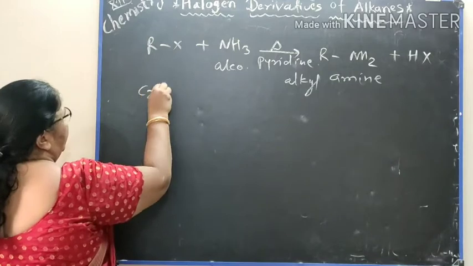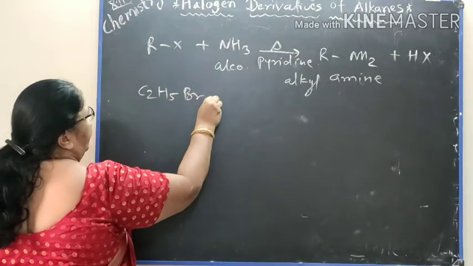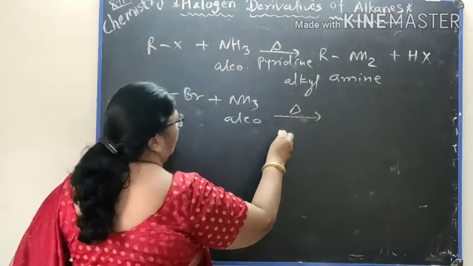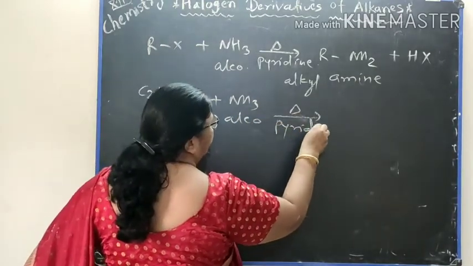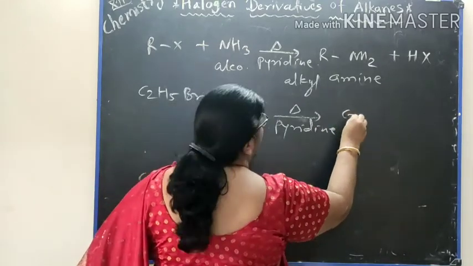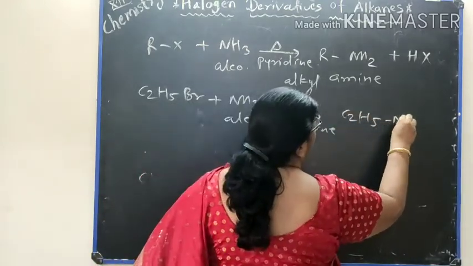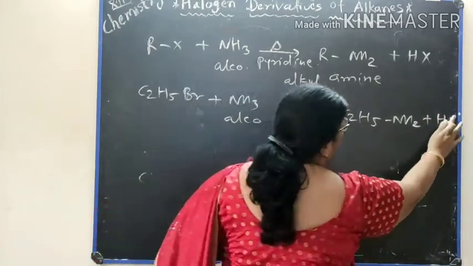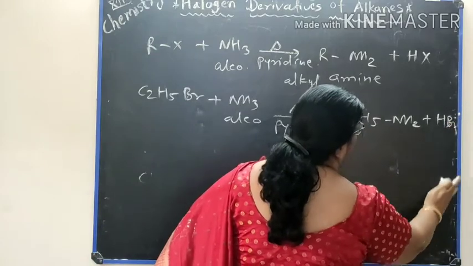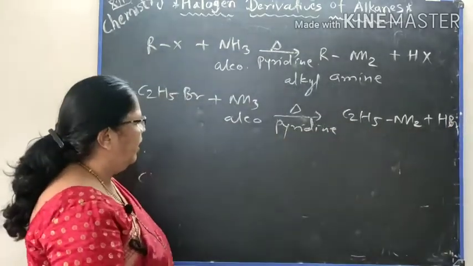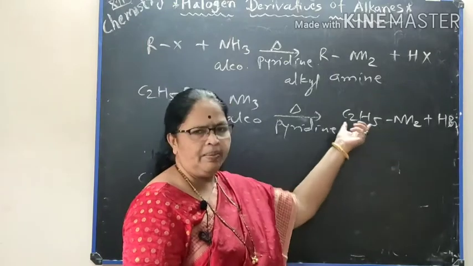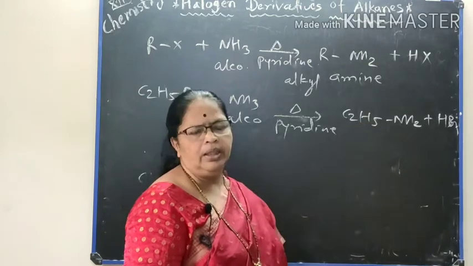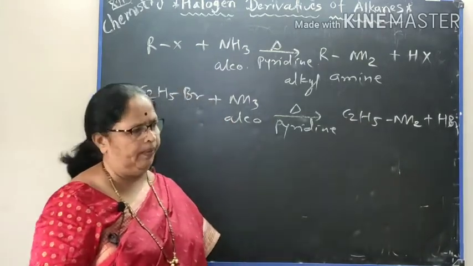Example, suppose ethyl bromide is treated with alcoholic ammonia in presence of pyridine. After heating, it gives C2H5NH2 plus HX, that means HBr, hydrogen bromide. This is called ethylamine, which is a primary amine, or it is also called aminoethane.